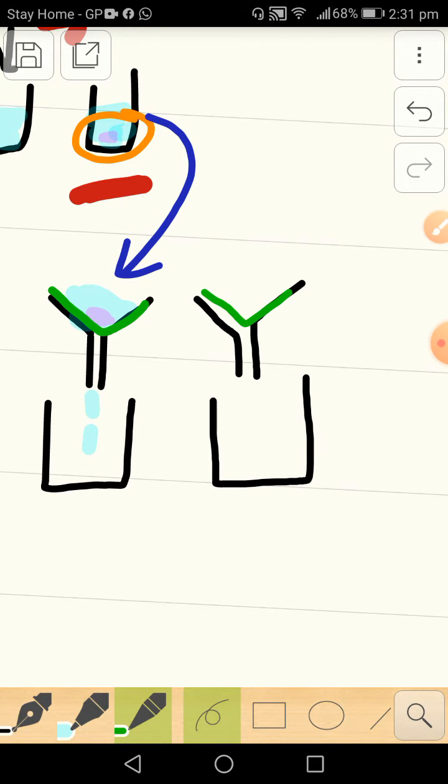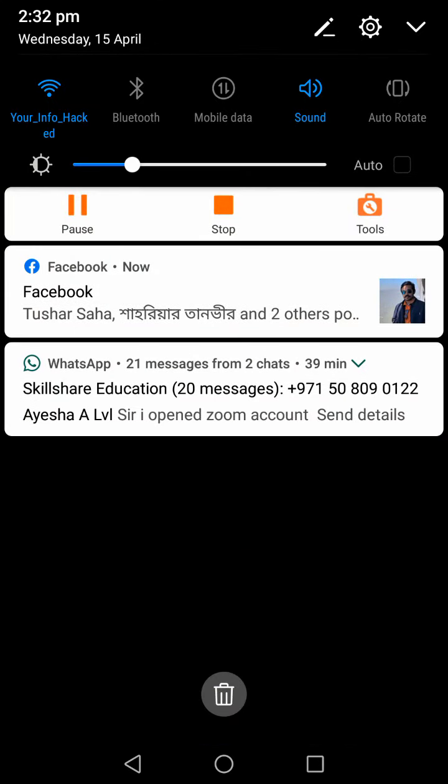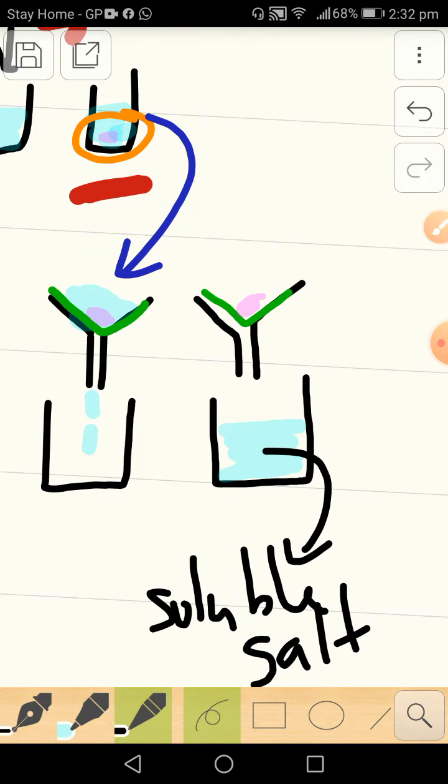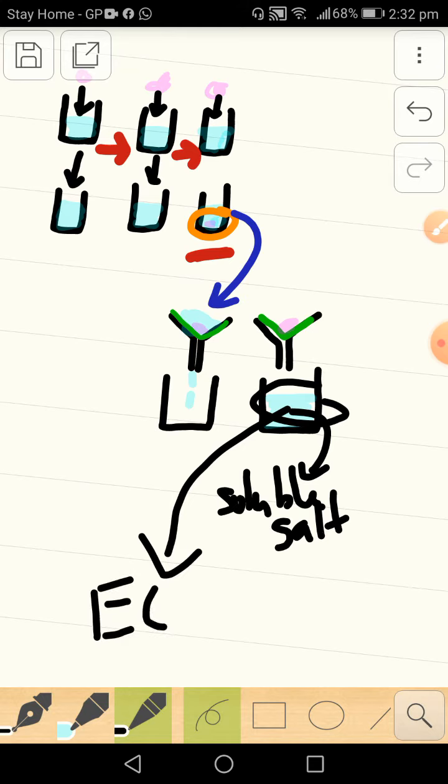This is a filter paper. The unreacted solid will remain here, and the solution will fall down at the bottom, and this solution contains the soluble salt. Now after we have got the solution of the soluble salt, we will carry out ECCFD.